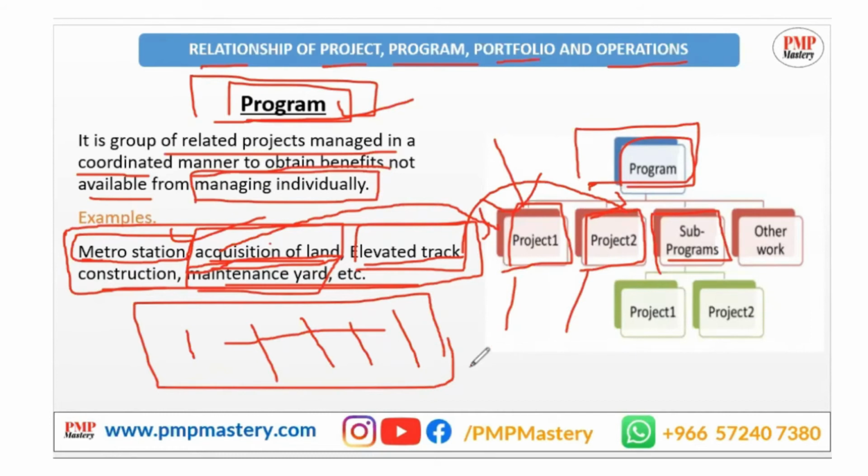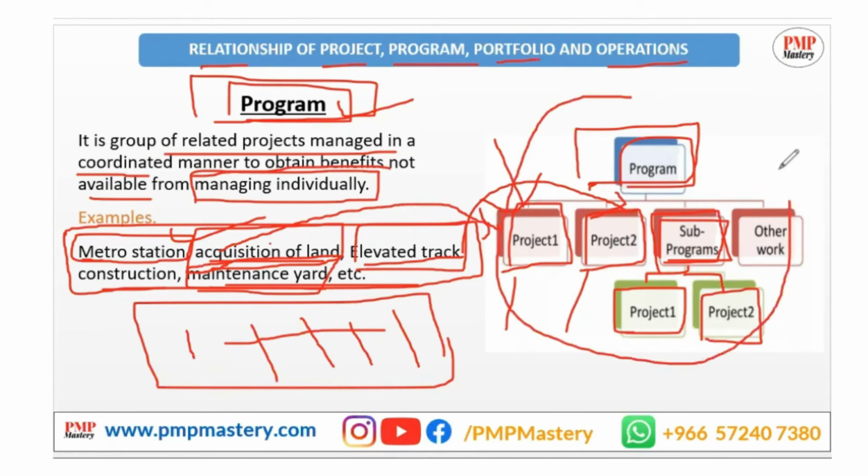So you created one sub program for the maintenance yard, because the quantity is so huge. Now you divided it again into projects so that it can be managed smoothly and you can realize the benefits from it. Hope you got it. That is where the program overall works.